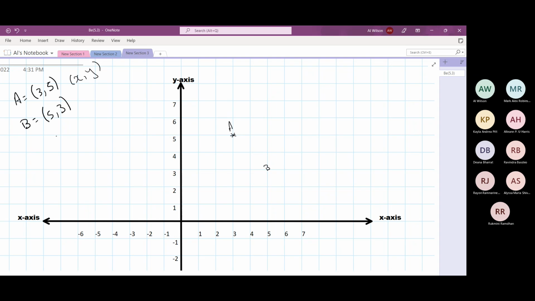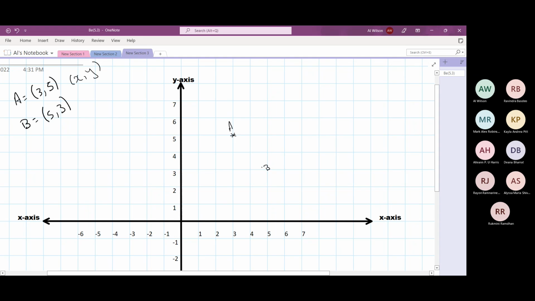Or you don't see it? So what I'm saying is you always need to follow the pattern of X then Y. Notice that for A, I have it as 3, 5, and for B, I have it as 5, 3, wherein I switch the numbers around. Now look where A is and look where B is.